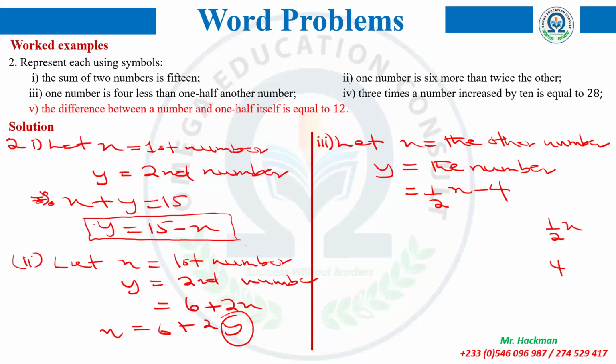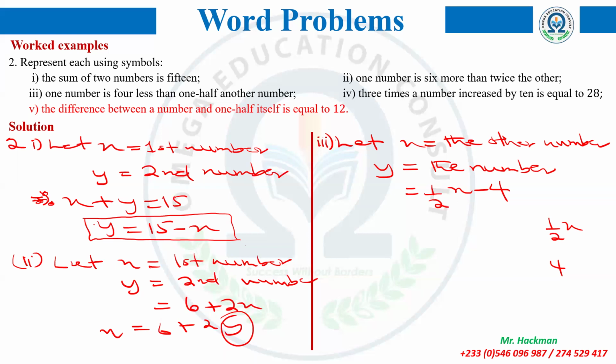Yes, sir. If you like, you can say X be the first number, then Y be the second number, no issues. But you know that you are dealing with 2 numbers, and one is connected to the other. So if the first one is represented by X, then you can express Y in terms of X because Y is connected to X. Is my point well made?